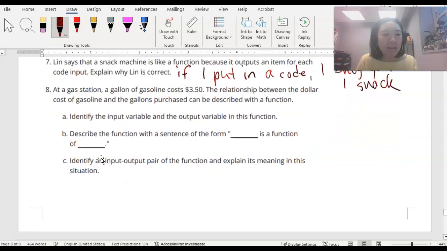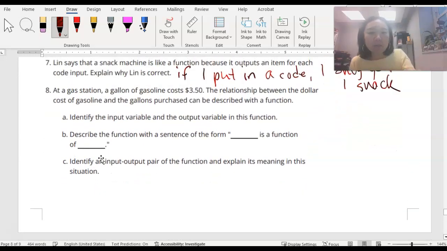Number 8 says, at a gas station, a gallon of gasoline costs $3.50. The relationship between the dollar cost of gasoline and the gallons purchased can be described with a function. Identify the input variable and output variable in the function. So this is review.